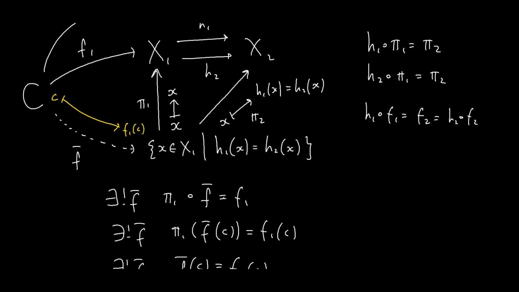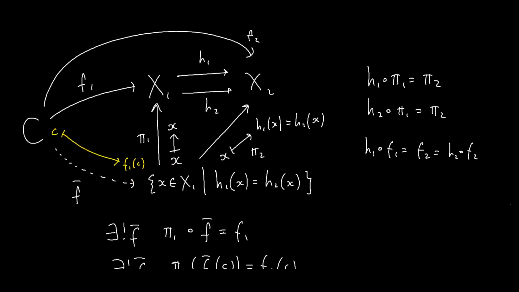What's the problem? Why can't I just do that mapping? Well, the problem is that this set is not quite the same as the set x1. This set is smaller than the set x1. So f1 of C, which is in x1, might not fall into this set. How do I determine whether it falls into this set or not? It will fall in that set if h1 and h2 agree on that element, as Jan said, right?